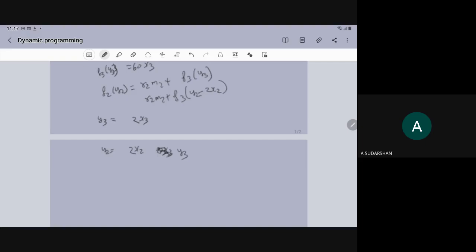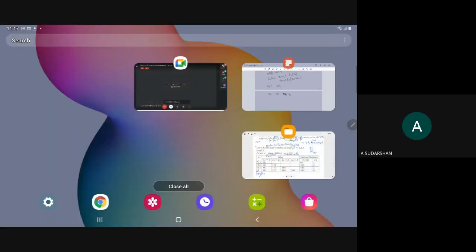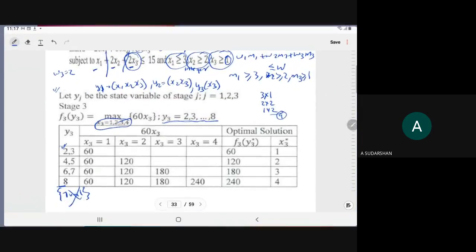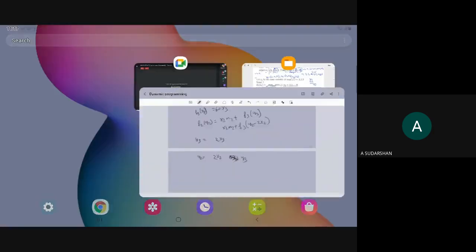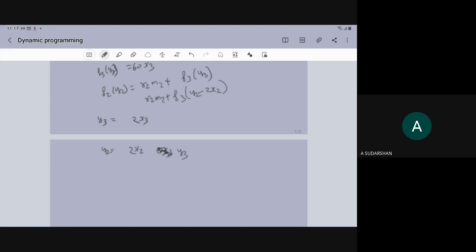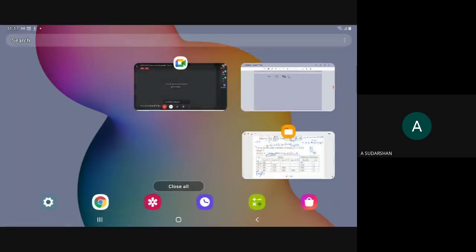In the question it is given x1 plus 2x2 plus 2x3, so you have allocated in x2 as 2x2 only. So y3 will be y2 minus 2x2. When we write this, this is the objective function for stage 2.